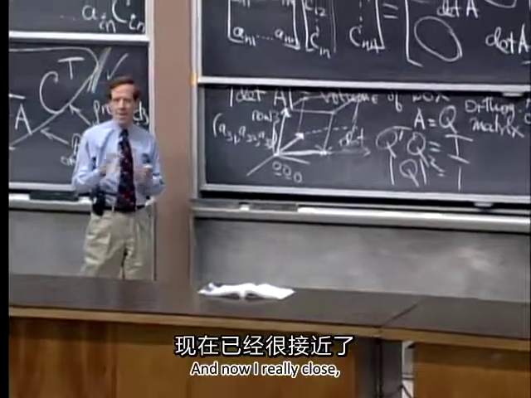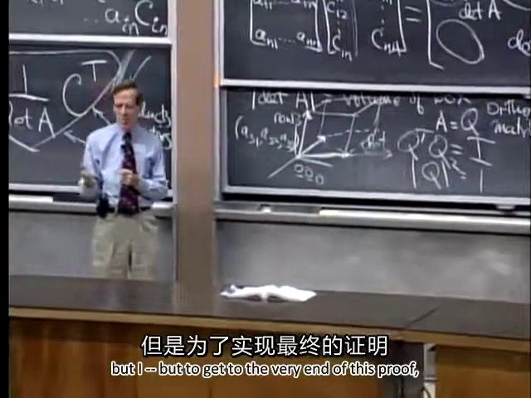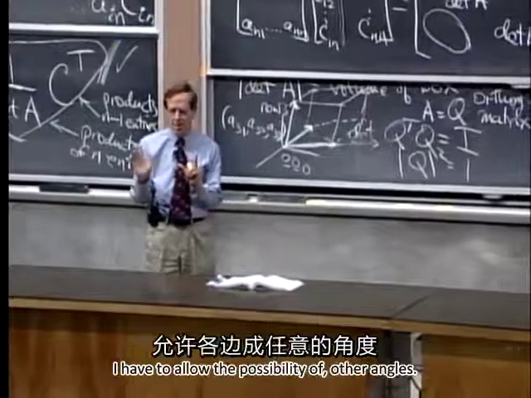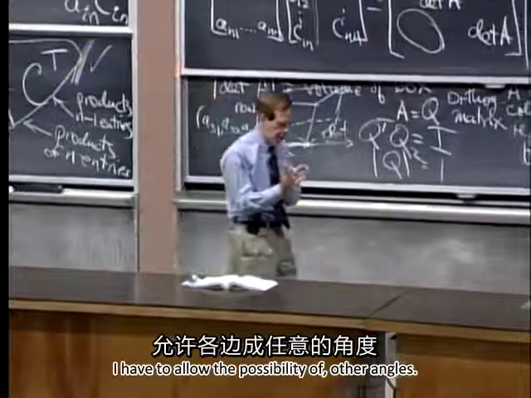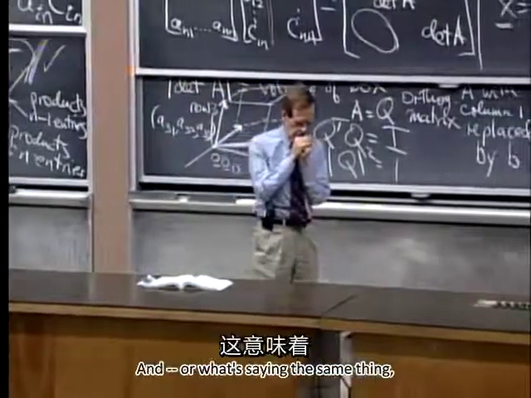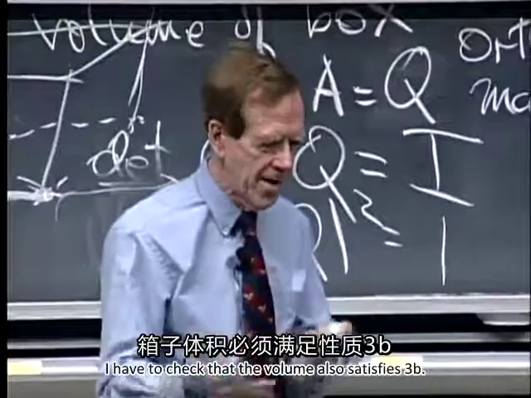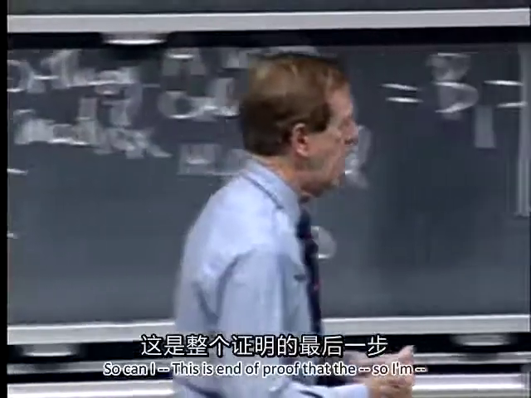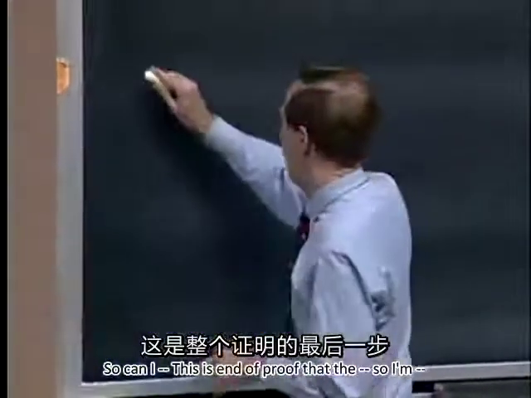Now I really am close, but to get to the very end of this proof, I have to get away from right angles. I have to allow the possibility of other angles, or, saying the same thing, I have to check that the volume also satisfies 3B. So this is the end of the proof.